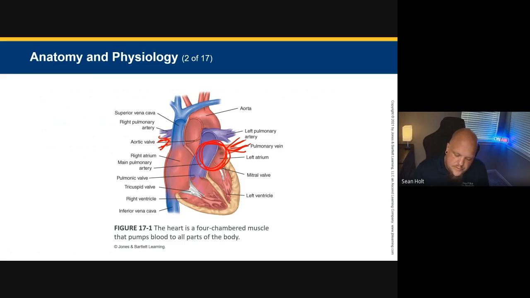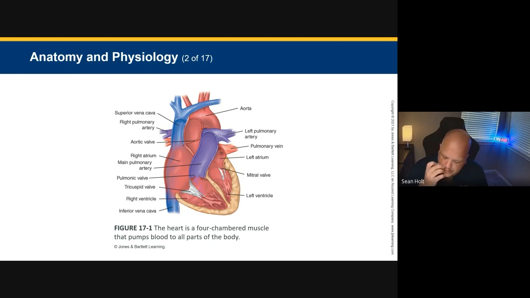That's the left atrium, and that's going to pump through the mitral or the bicuspid valve because it only has 2 leaflets on it, whereas the tricuspid valve over here on the right side of the heart has 3 cusps on it. So mitral or bicuspid, you might hear them both. Understand that's on the left side of the heart. Okay.